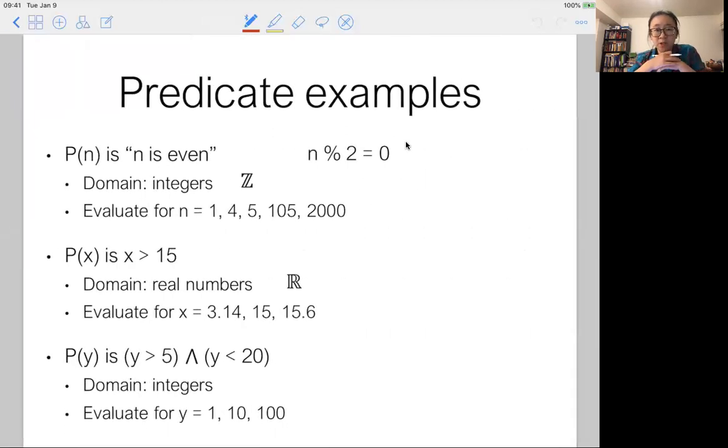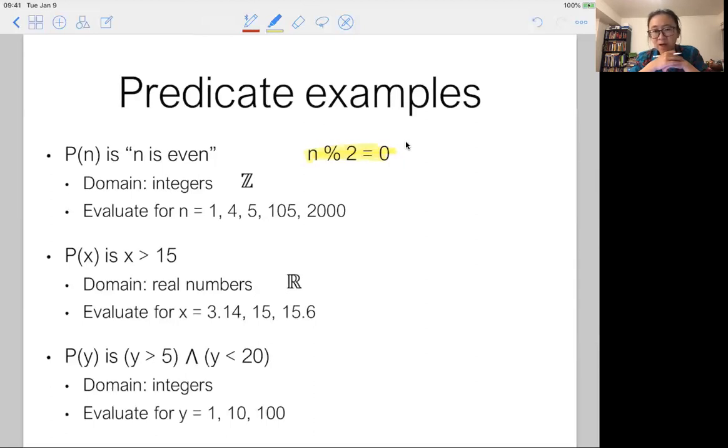The predicate P of n is the statement that n is even. Another way of thinking about an integer n being even is that when I take the quotient with 2, it has 0 remainder.